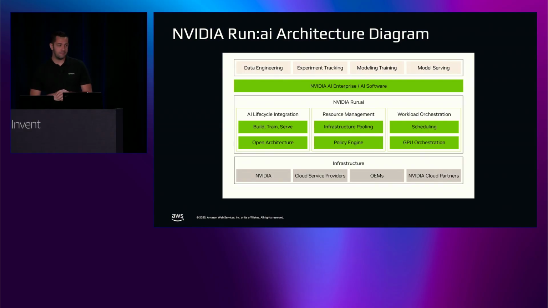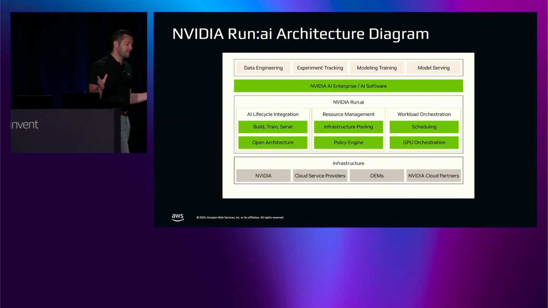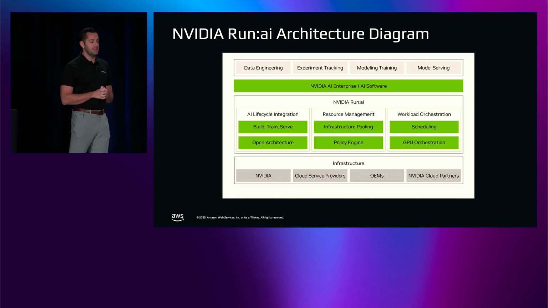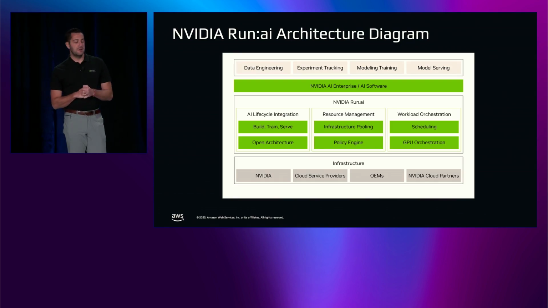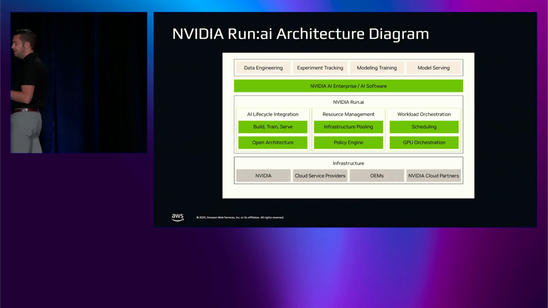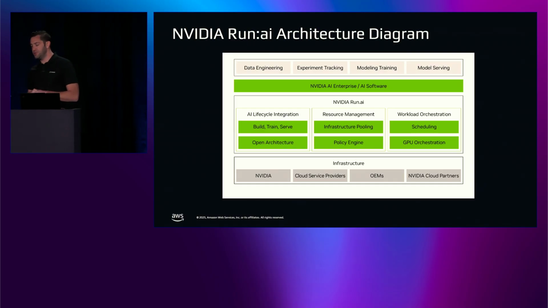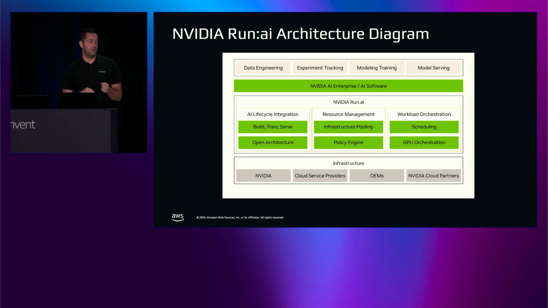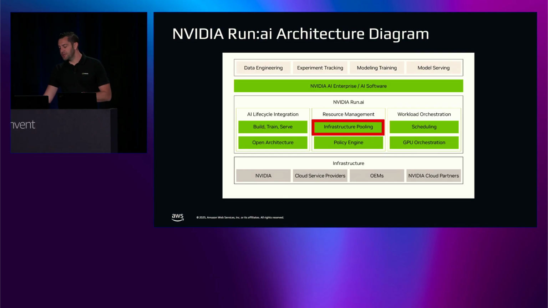My favorite part about the stack to talk about, though, is the actual workload orchestration. So I have a few slides on this, but there are some really cool things that Run AI and NVIDIA Run AI can do from a GPU perspective that really help you get the most out of all of your GPUs within the cluster. And all of this is centered around a scheduling capability.